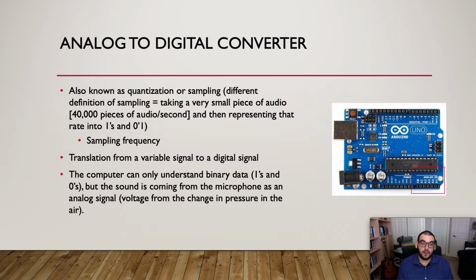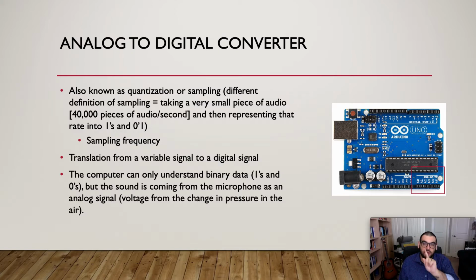Okay. The computer can only understand binary data, ones and zeros. That's really important to know. But the sound coming in from your microphones and your instruments is in an analog signal, so it's a voltage. Because when I'm talking through this microphone, the microphone is picking up my voice, the sound pressures in the air, and is then converting that sound pressures into a voltage, which is traveling to my audio interface.